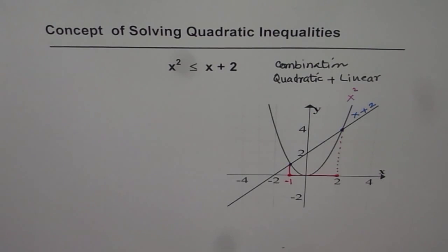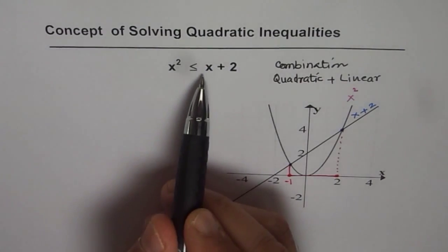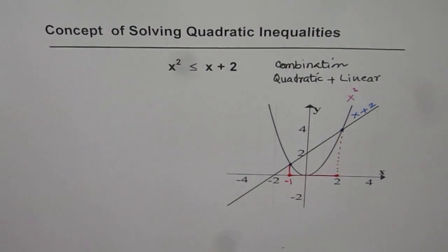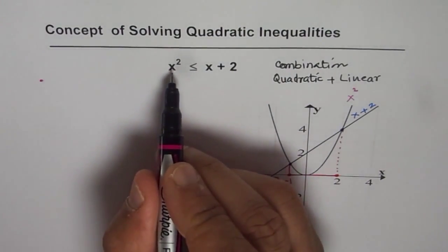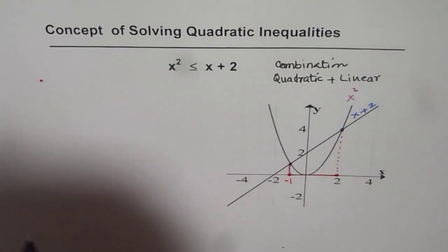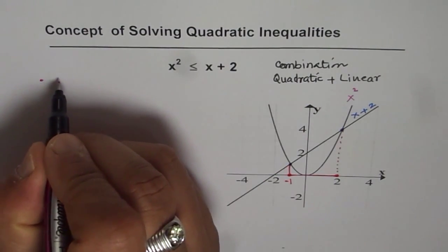Now the strategy which we normally use is basically bringing all the terms to the left side. So that is how we solve quadratic inequalities. The first step is we have to get all the terms on one side. In inequalities, we try to keep 0 on the right side.